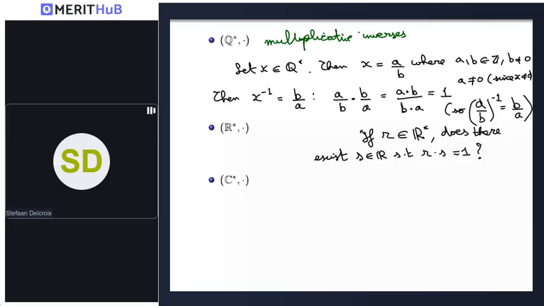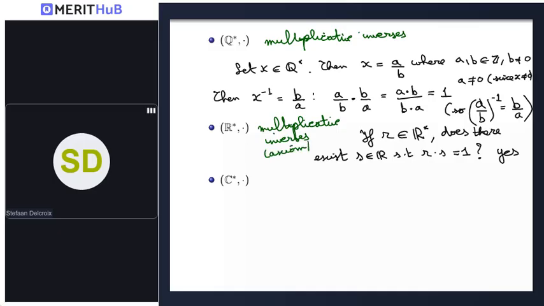The answer is yes. So we do have multiplicative inverses, but it is again an axiom.